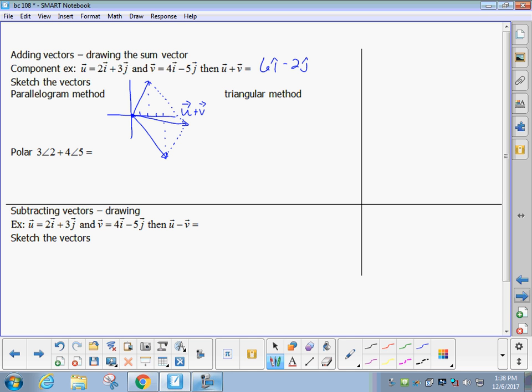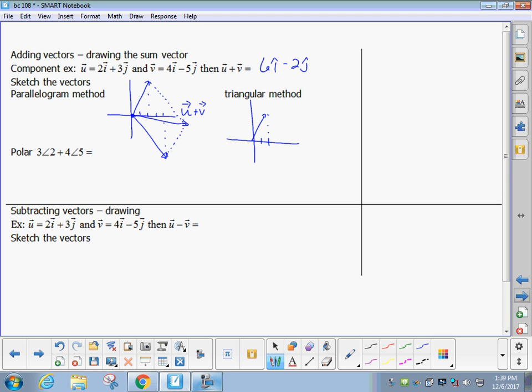Okay, so one way is to draw both from the origin and make a parallelogram. The diagonal of the parallelogram is the sum vector. The other is the head-to-toe method, or the triangular method, where you draw the first one and then draw the next one from where the first one left off, kind of making a new origin. So I could go right 2 and up 3, and that vector is u.